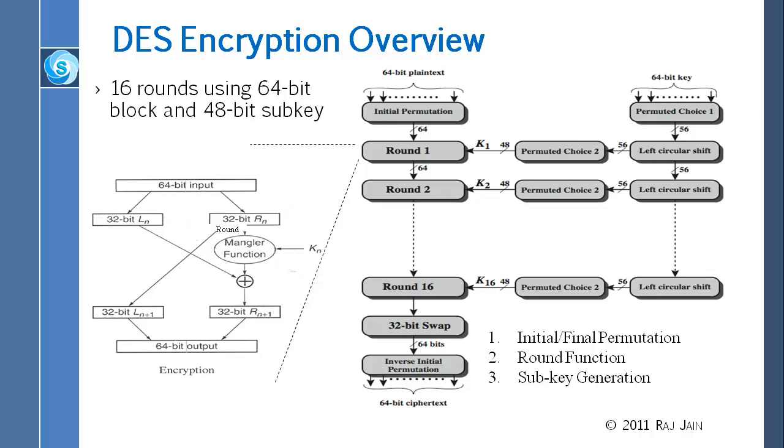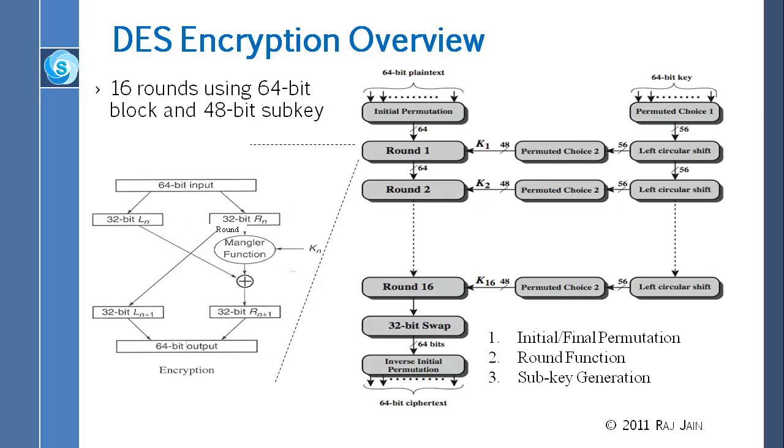On the key side, you get the 64-bit key, you get 56 bits out of that by removing the parities, and then you circulate the bits. What is the left circular shift? The most significant bit goes to the least significant position, and every other bit moves one place to the left.